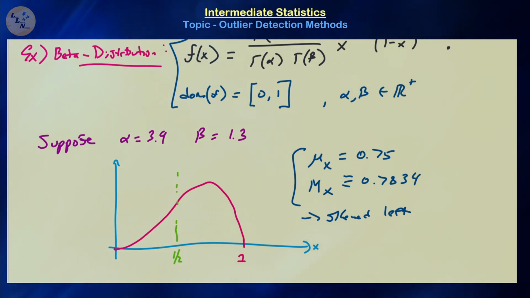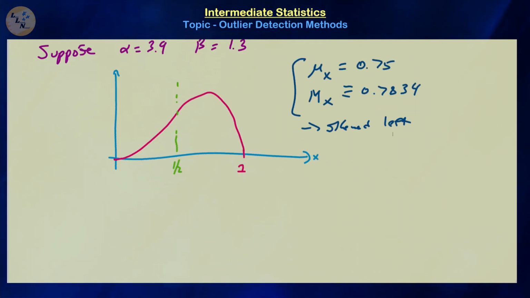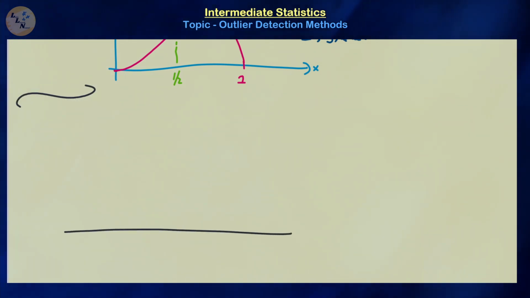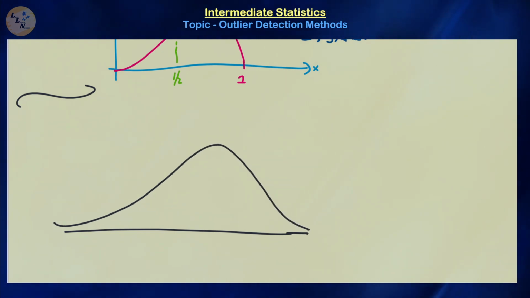Since it is a skewed distribution, you might be tempted to make an asymmetric outlier detection interval. So let's see if we can construct, for example, the quartiles and the interquartile ranges, decide a nice cutoff value, and then determine what our constants should be equal to. Let's draw our beta distribution here, just temporarily. Let's assume that this is our beta distribution, that that is 0 and that is 1.